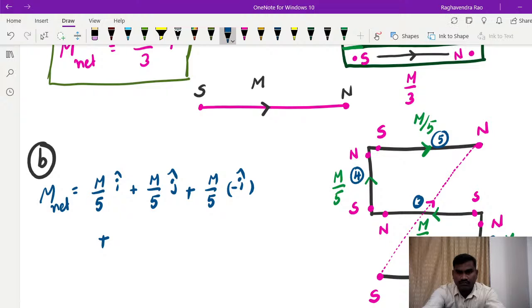Fourth one, positive y-axis M by 5 j cap, plus this is positive x-axis M by 5 i cap.